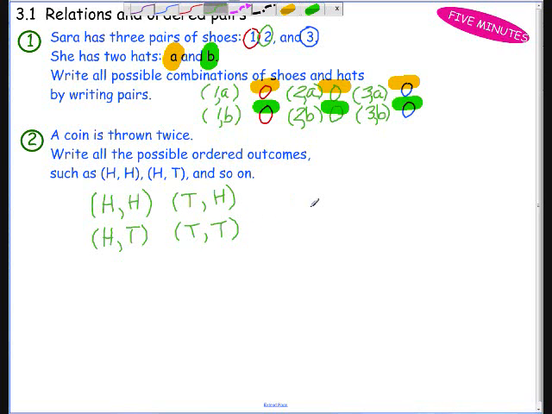So how many possibilities do I have here? 4. Ordered outcomes.